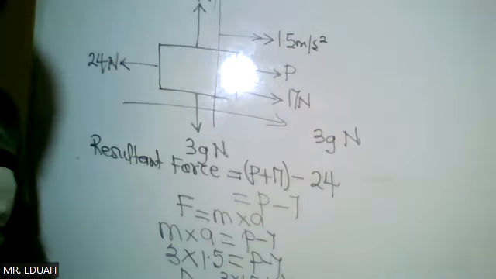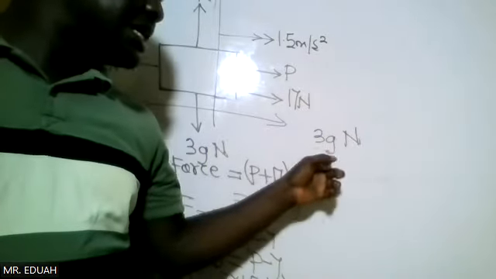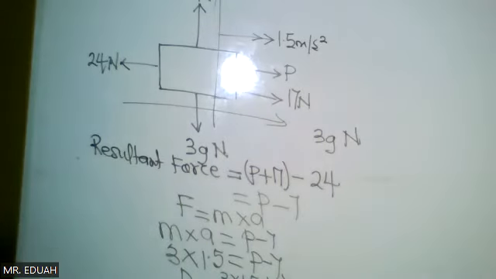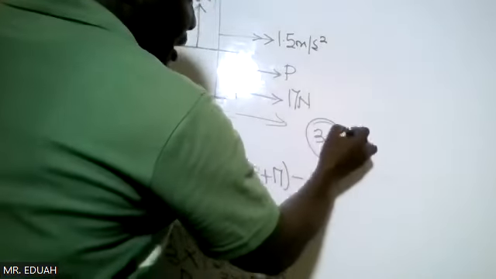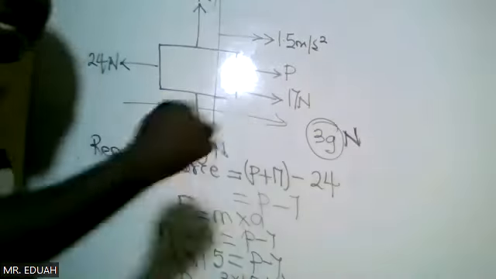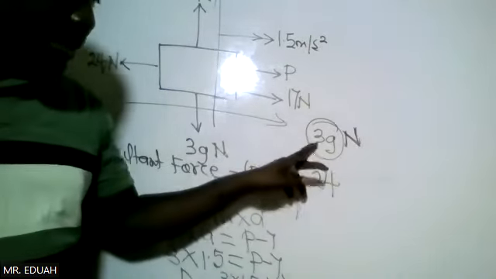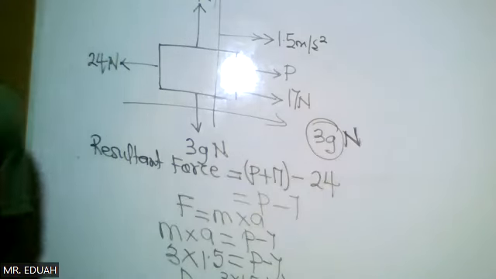So if we are looking for its weight, then it must be 3 times 10, 30 Newton. The Newton tells you that the mass must be in kilograms. So the mass 3 kilogram times gravity will give you the weight.